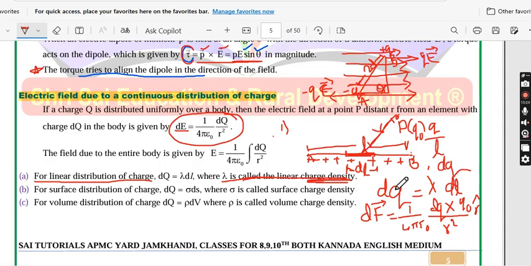Then the charge dq of that small length will become dq is equal to lambda into dl. Then the electrostatic force acting will become 1 by 4 pi epsilon naught into dq times q naught divided by r square into r cap. This is for linear distribution of charge. I hope this concept is clear to you.